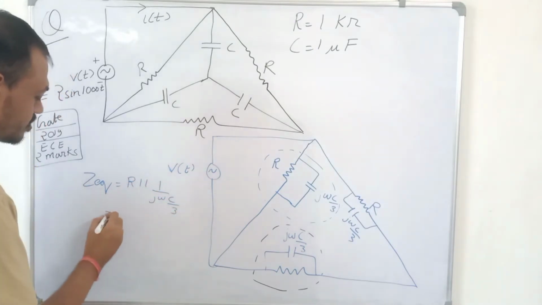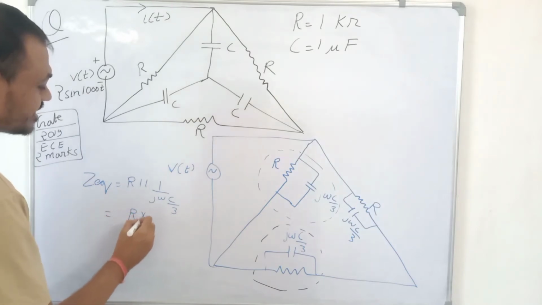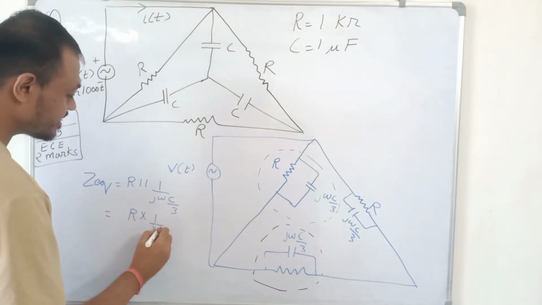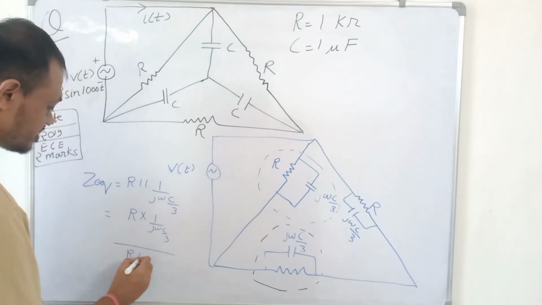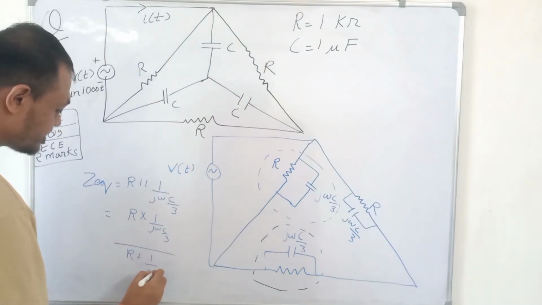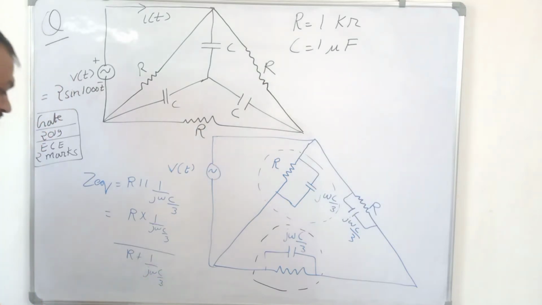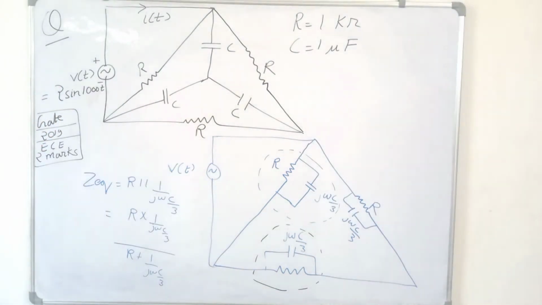So it will be equal to R into 1 upon j omega C by 3, upon R plus 1 upon j omega C by 3.